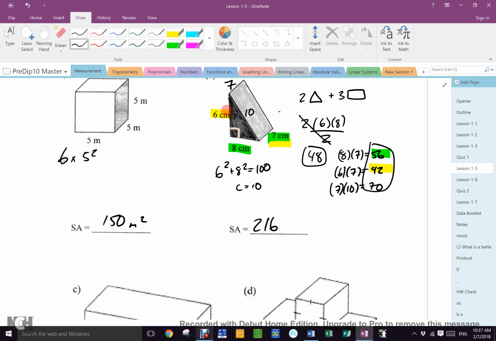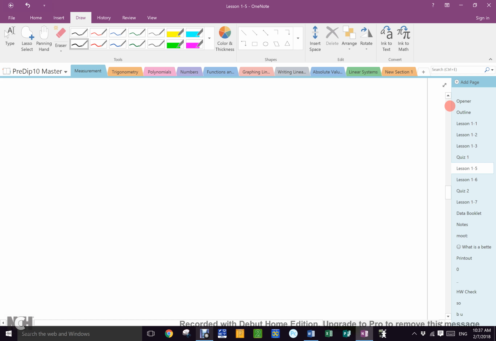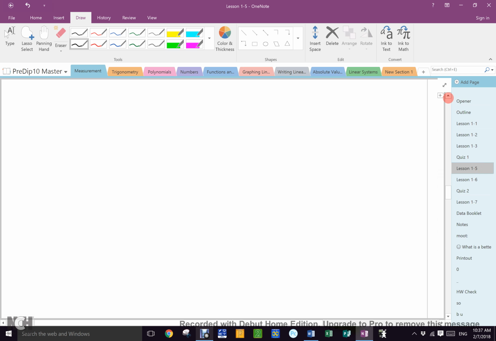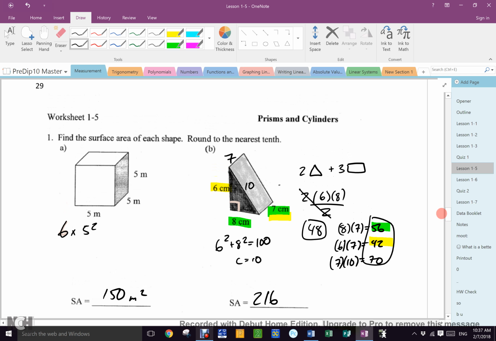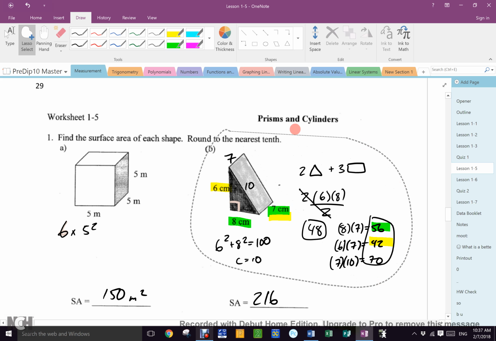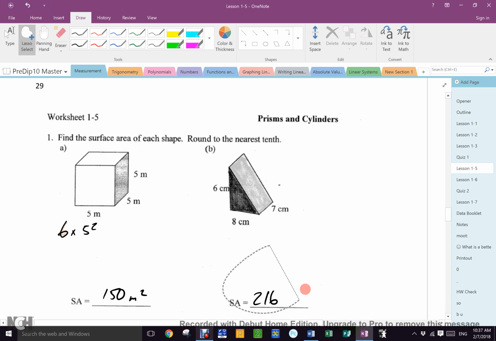Okay, now I want to show you something. Earlier today, we talked about the formula for a triangle, yeah? I drew it on the board, and Luke said, oh, that's why it's the formula for a triangle. It's half a rectangle. You're just going to continue it on by 7.